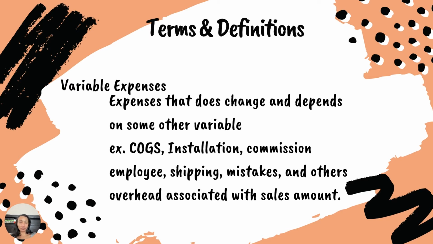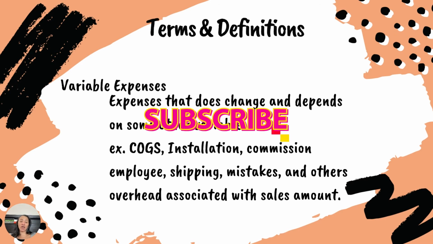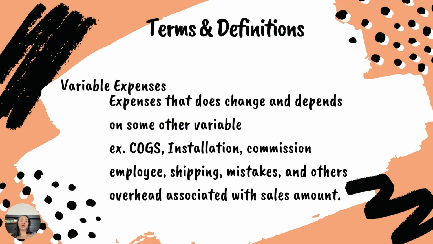Okay, so those are going to be your variable expenses. They vary month to month, and you have really no control over it. And that's why the cost of goods sold is under there, because we don't know if you have to buy 1,000 products this month versus only 100, because it all depends on your sales, right?